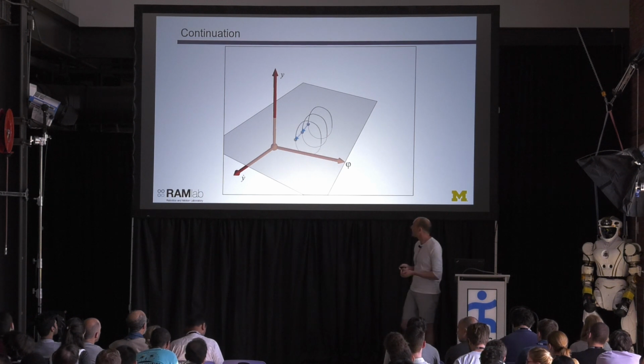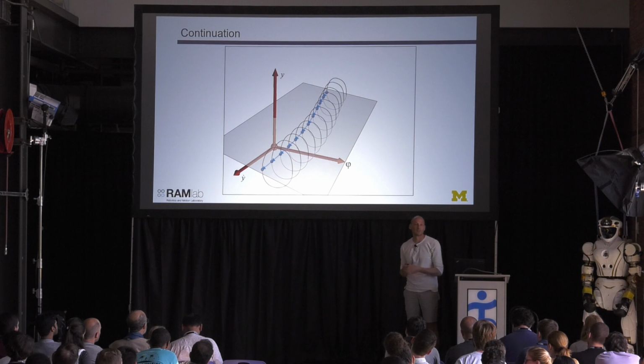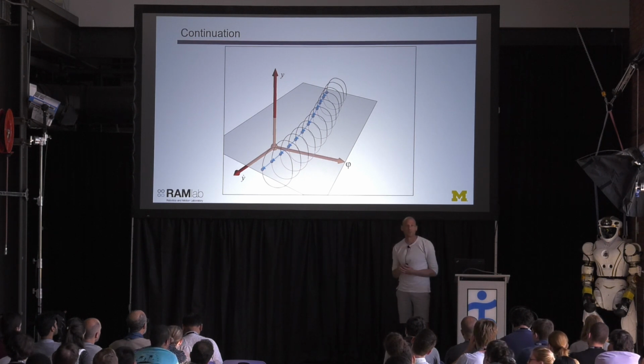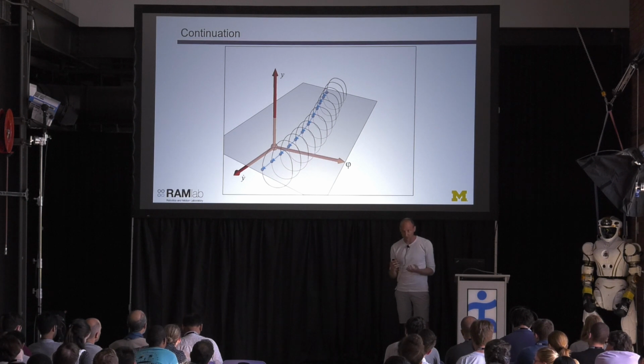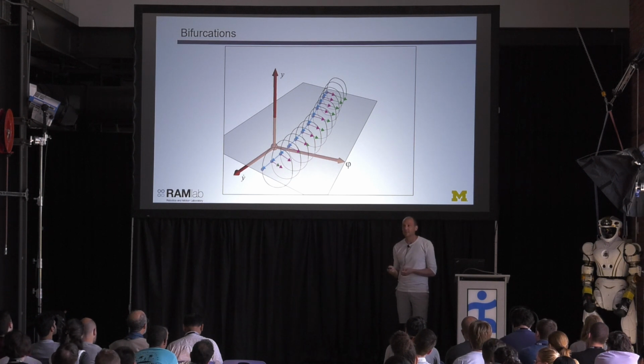And I can just keep repeating that process, and then I get essentially a branch of solutions that might be a function of energy, a function of speed, however you want to parameterize that. And while we do that, we carefully look at all the other eigenvectors and associated eigenvalues, and we look out for instances where another eigenvalue becomes 1.